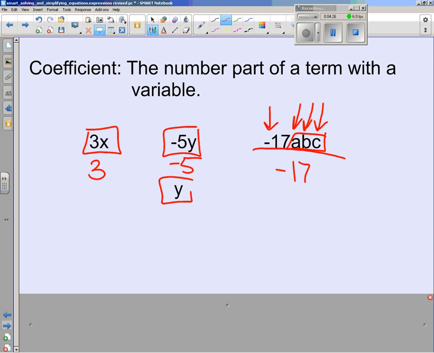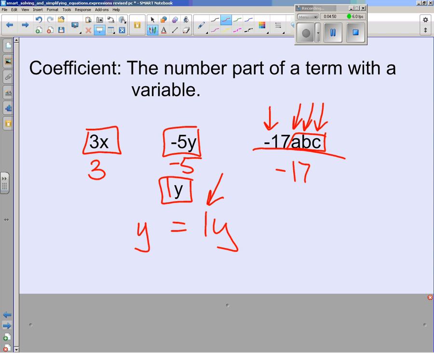This one right here messes a lot of people up. Why? I like to think of mathematicians as being pretty lazy people. In fact, they're so lazy that they don't want to take the time to write 1y. Because in reality, y is simply 1y. But they don't write the coefficient because they're lazy.